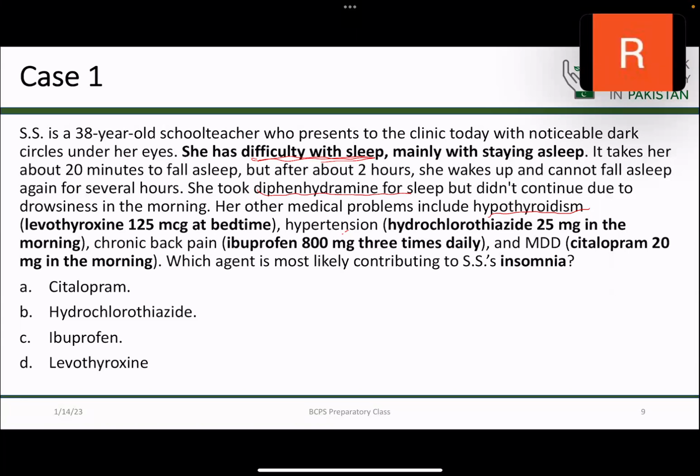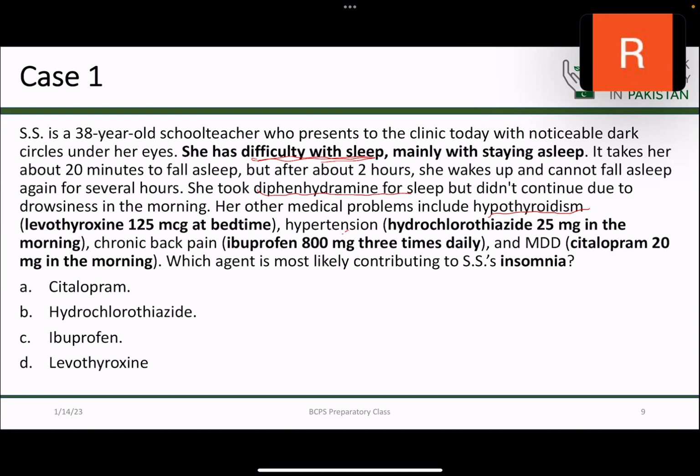Which agent is most likely contributing to insomnia? Here is a list of medications, each for a different indication, but one of these medications is causing insomnia. Which of the medications could cause insomnia?